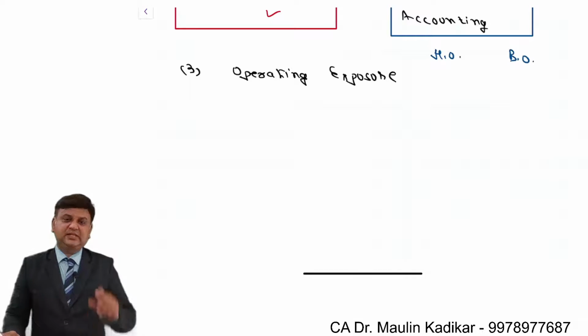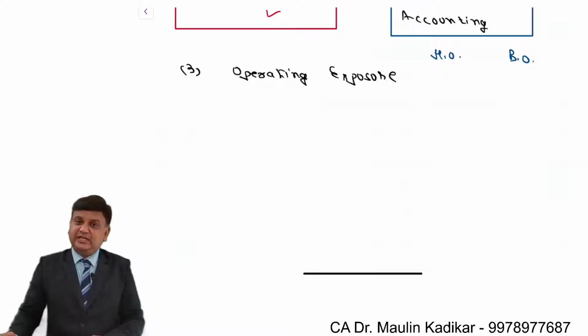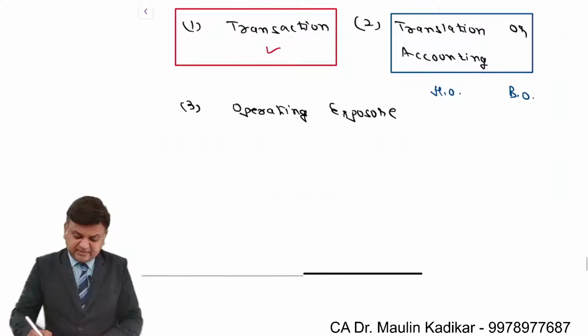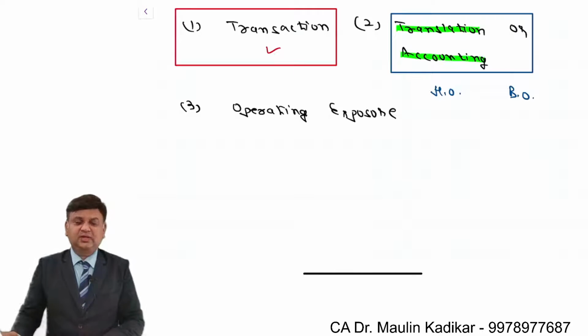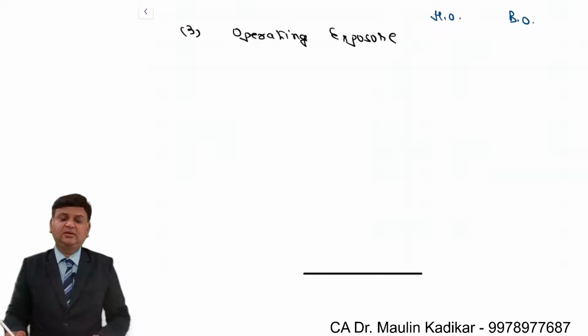At that time there can be profit or loss due to exchange rate variation, and that is given the name translation or accounting exposure. In financial management, basically, we are not too much concerned with this, so we do not give too much emphasis to this exposure. But the operating exposure is the last one, in which we understand something like this.